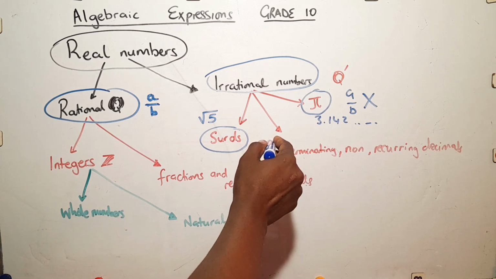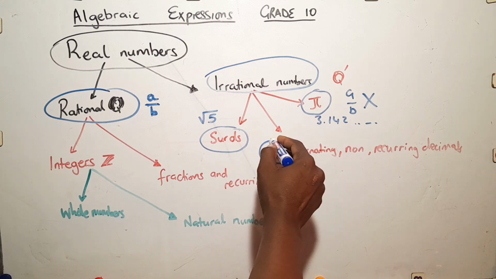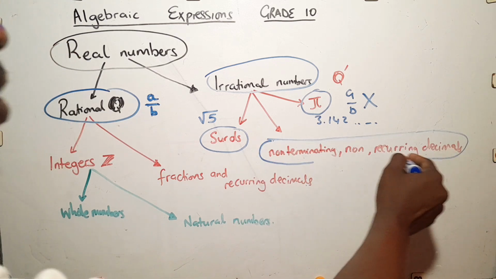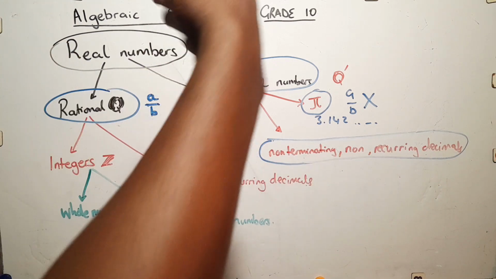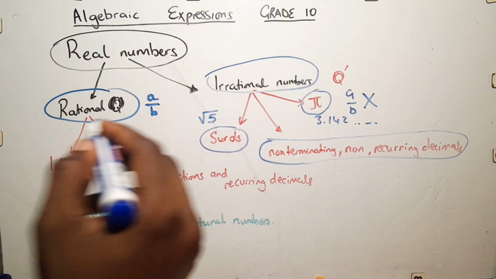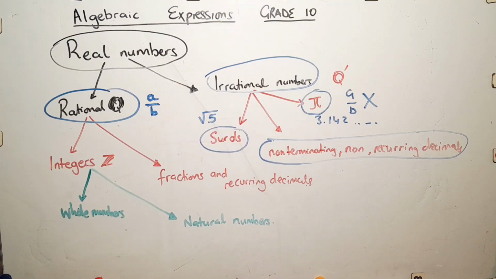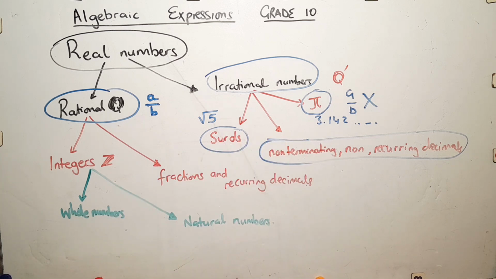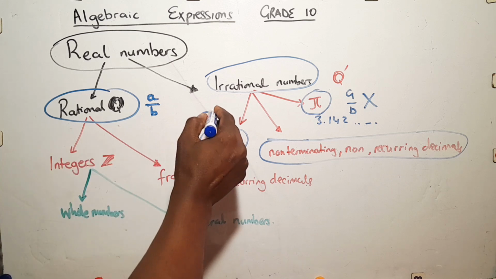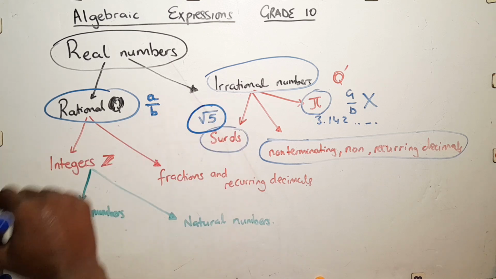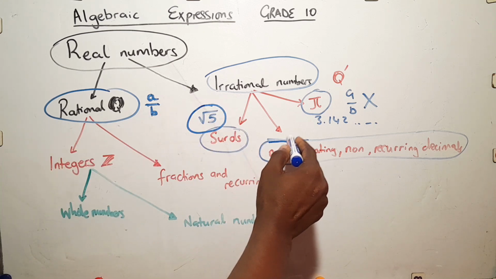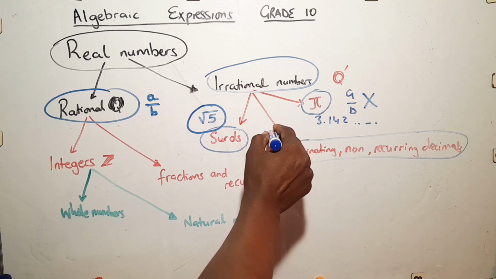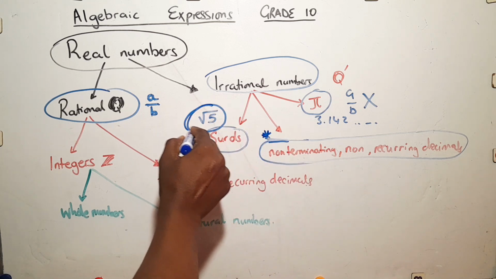Also, all the non-recurring decimals, decimals that continue with different digits, we cannot express as a rational number or fraction, so they are irrational. We are going to talk more about surds in the next section.